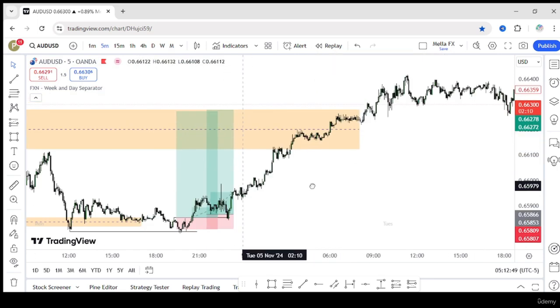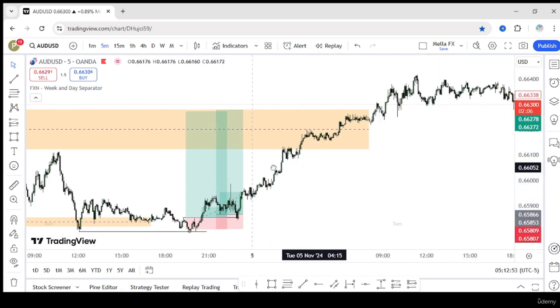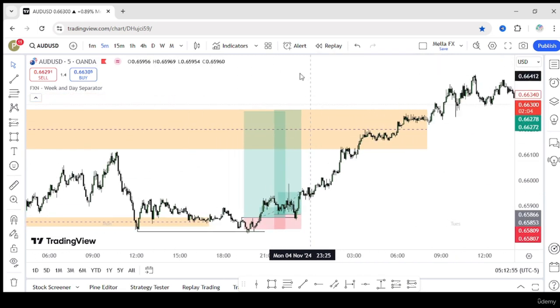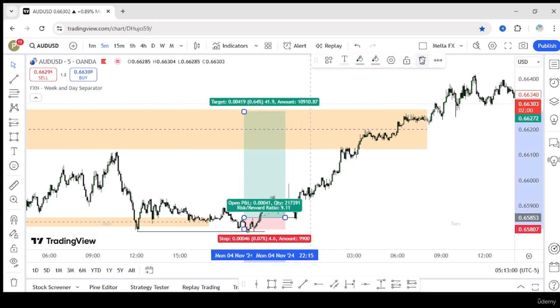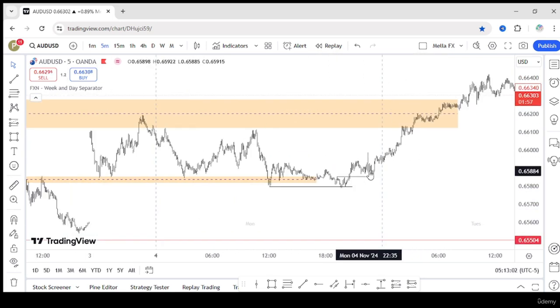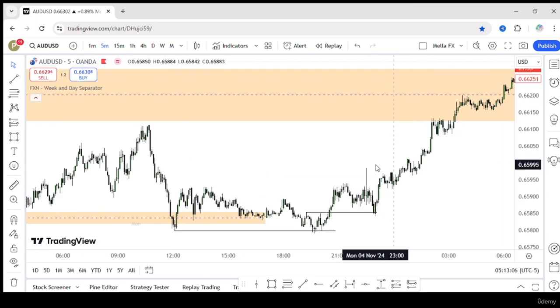So you can see how the AUDUSD capitalized on making that expansion, and how profitable we became with this session of the Asian session.